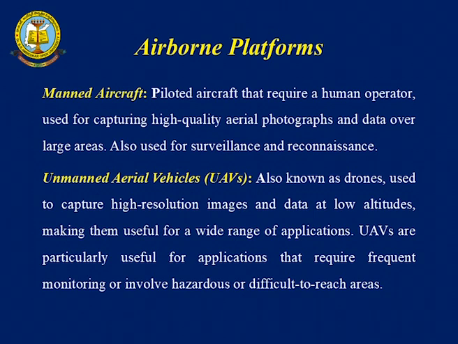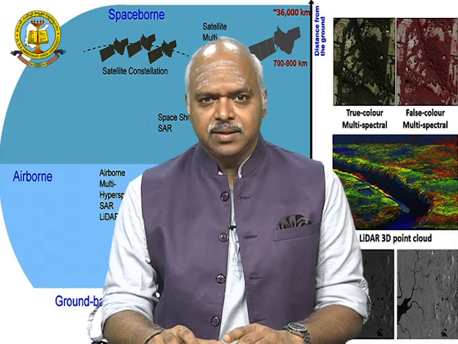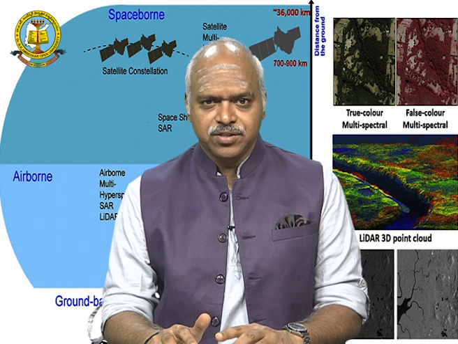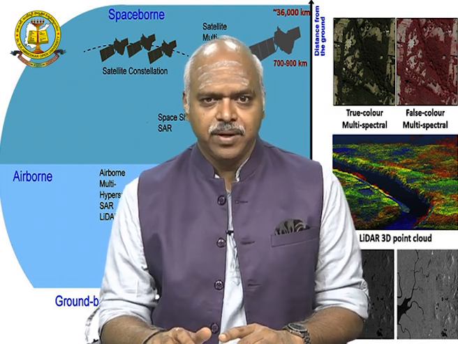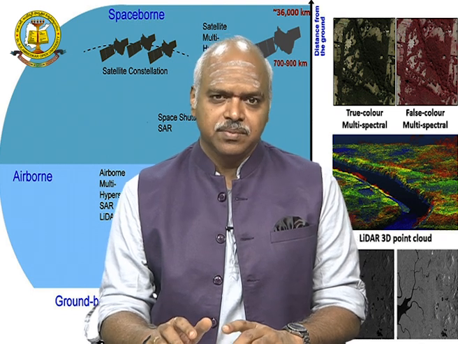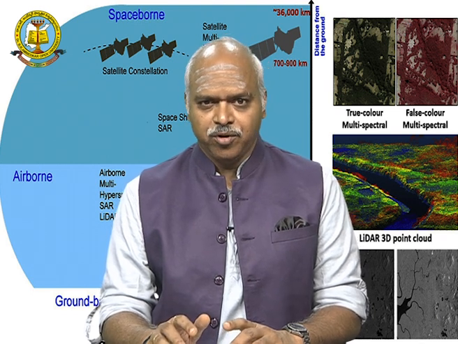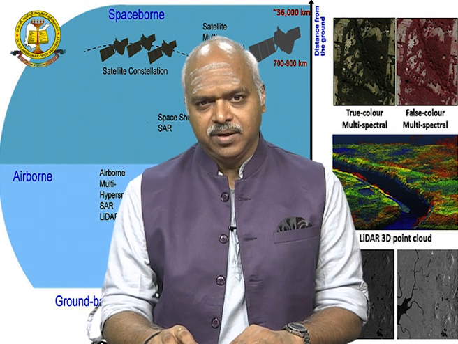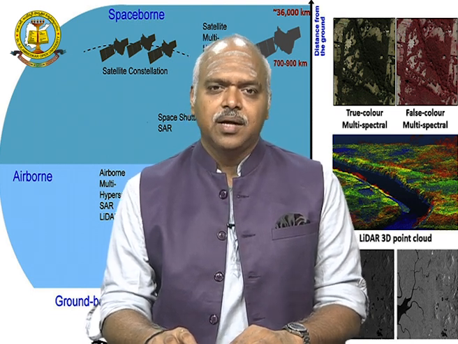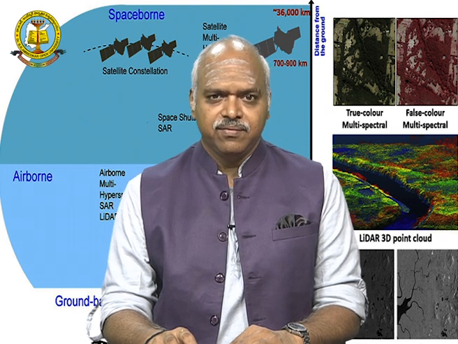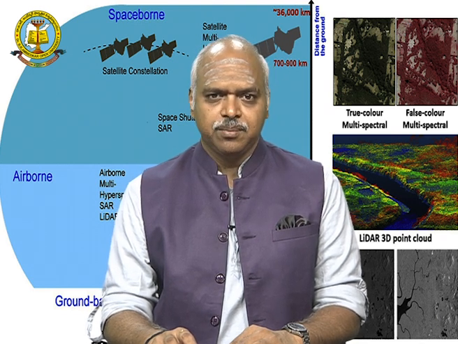In the manned aircraft, there is a pilot or a human who controls the platform, and the instruments are attached either to the belly of the platform, something like an aeroplane, or sometimes the pilot or human operator carries the cameras. That was a primitive method, where a human carried the cameras in the aircraft and took the pictures.